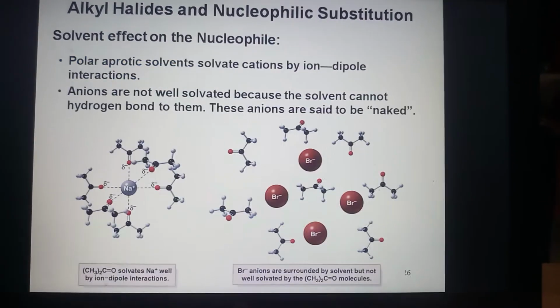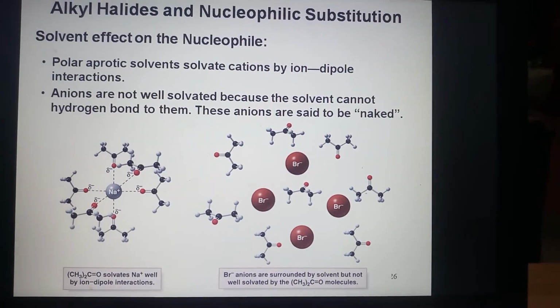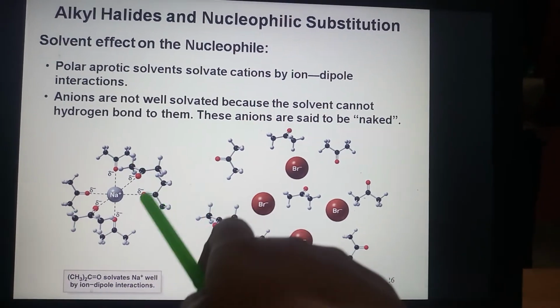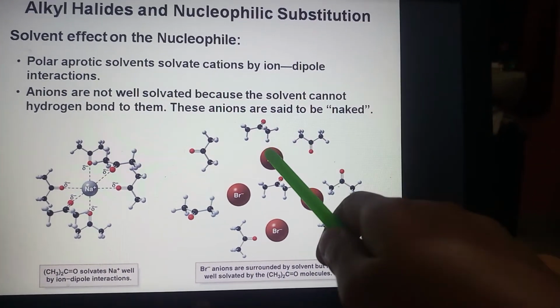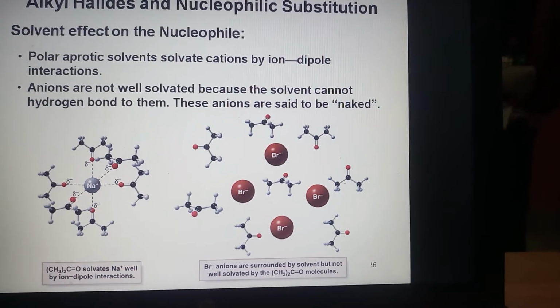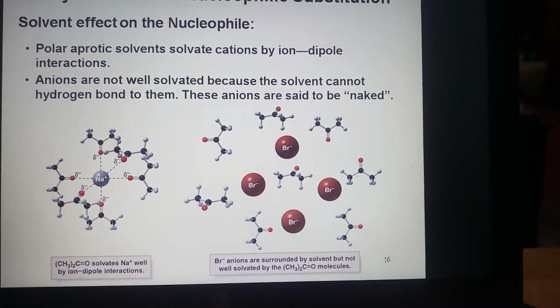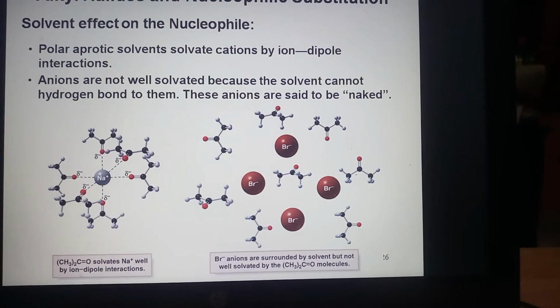In that case, polar aprotic solvents solvate cations by ion-dipole interaction, as we have seen before, but anions are not well solvated, because the solvent cannot form hydrogen bonds to them. So in this case, the anions are said to be naked.